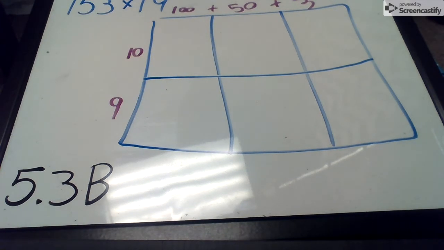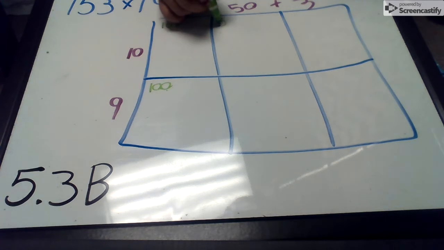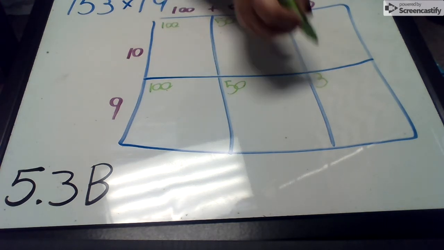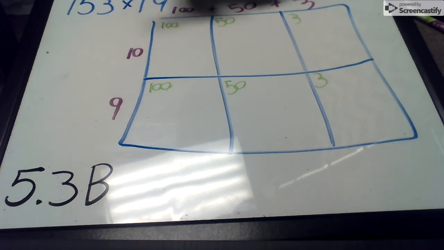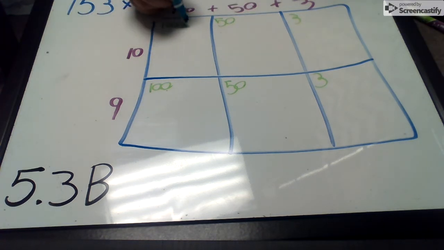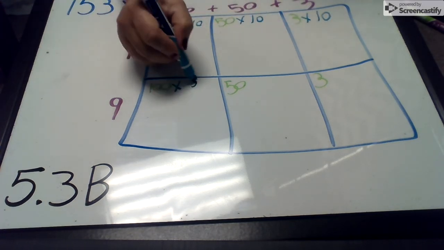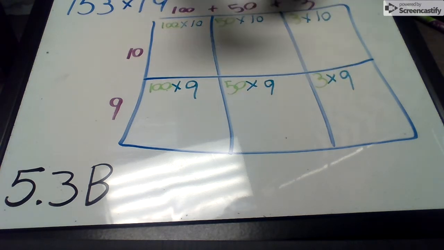So all the numbers up top, they fall to the ground. So 100 goes here and here. 50 goes here and here. And 3 goes here and here. These numbers on the side run across and meet up. 10, 10, 10, 9, 9, 9.